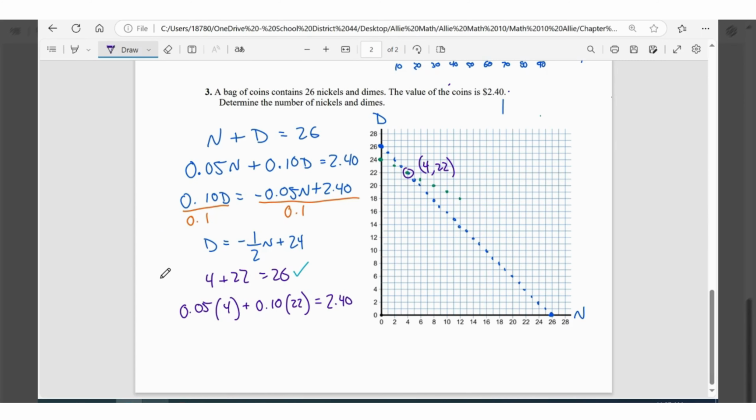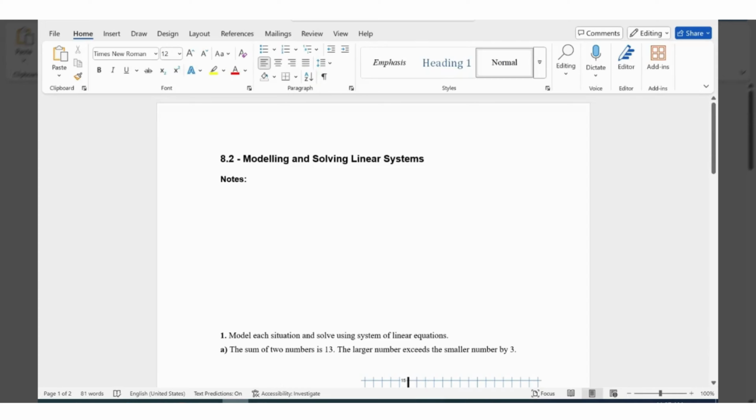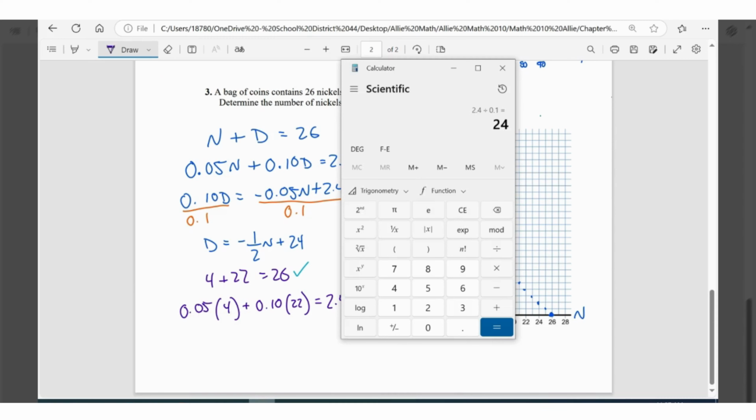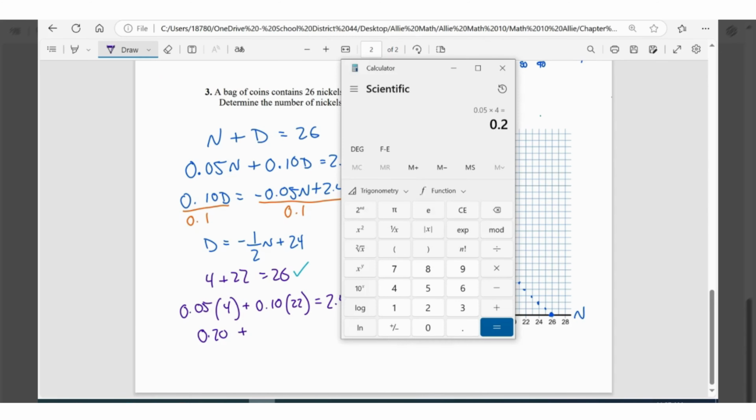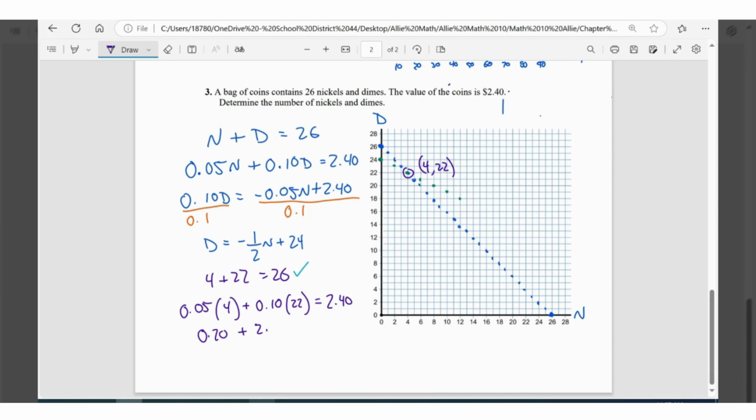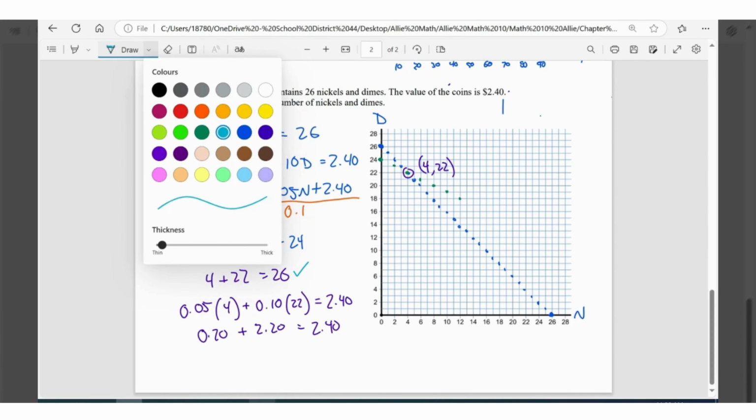Okay, so is that true? 0.05 times 4 is 20 cents, 0.20, plus 0.10 times 22. So those are our dimes, $2.20. Does that equal $2.40? Yes, I would say that it does. So we confirmed that we did it correct.